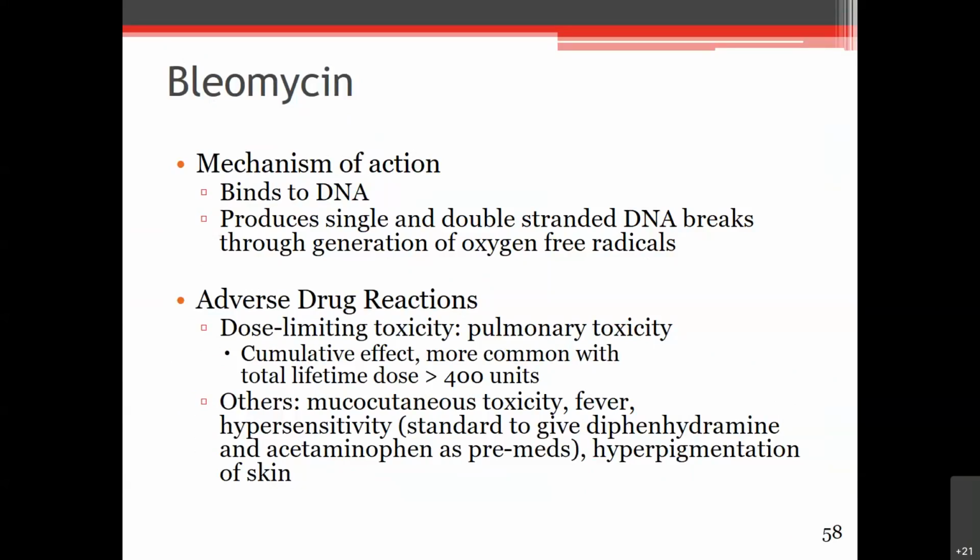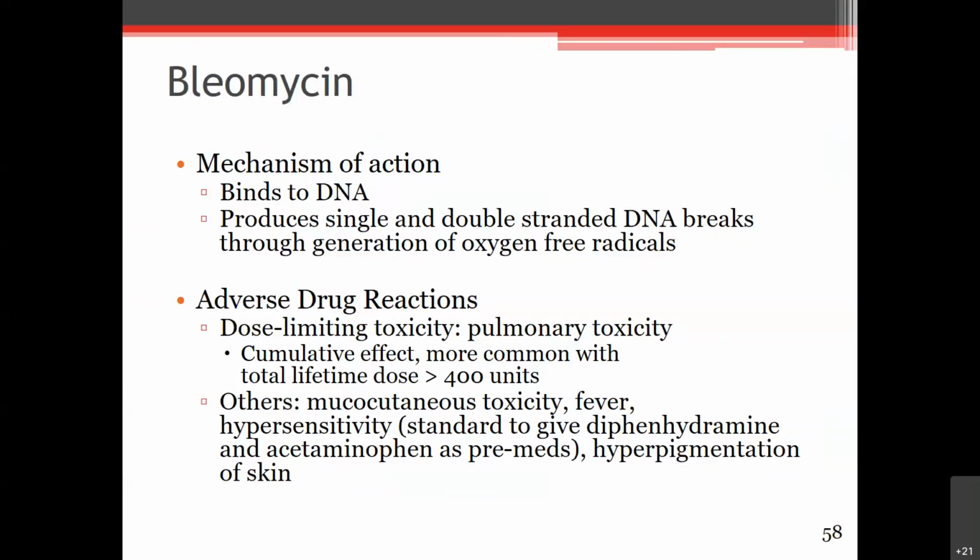Bleo is going to produce single and double-stranded DNA breaks through generation of oxygen-free radicals. The dose-limiting toxicity here is unique, and this is pulmonary toxicity. This can often start as pneumonitis, but could potentially progress to pulmonary fibrosis, so it is something that's taken very seriously.